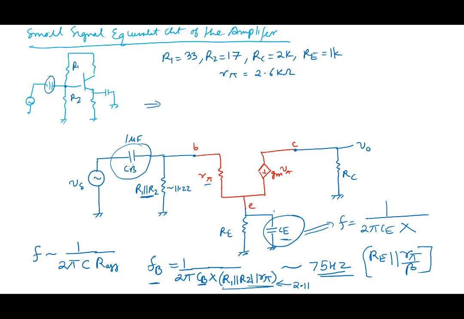So R pi by beta is the effective resistance that comes in here, which is the resistance seen by CE. So how much is this value? RE parallel R pi by beta. R pi by beta is very small, only 26 ohms, and RE is 1K.